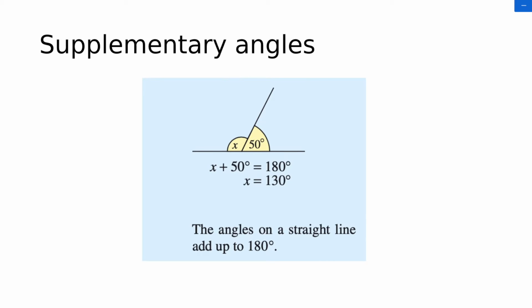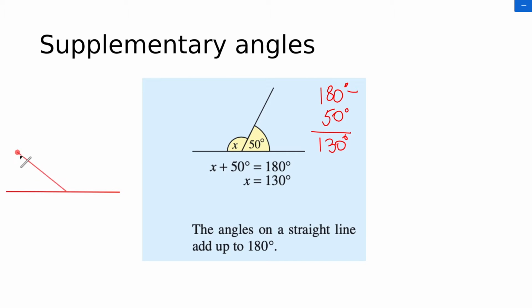And as you see in the example, if you are given one angle and you are not given the other one, you only have to do one step, which is to do 180 degrees minus 50 degrees. So that's how you find the missing angle.